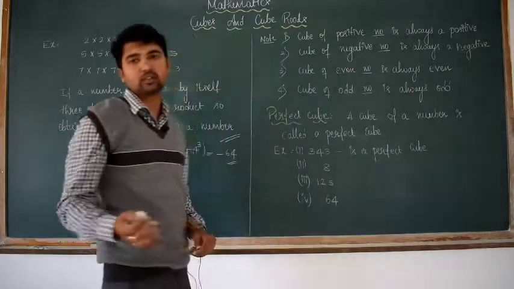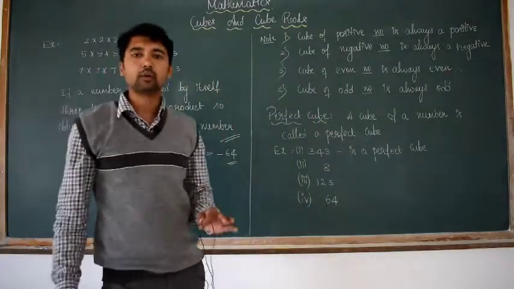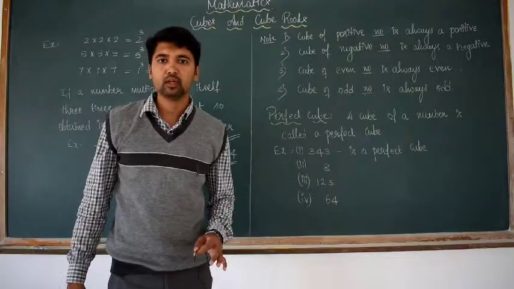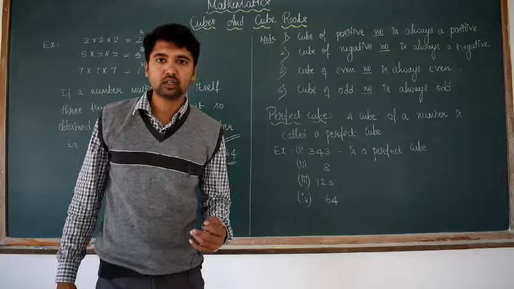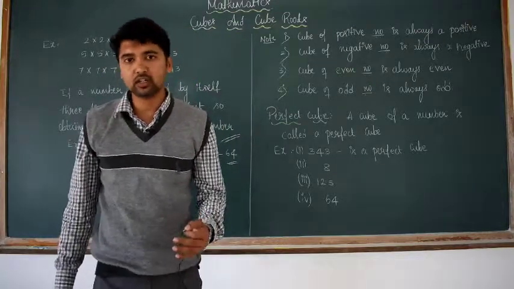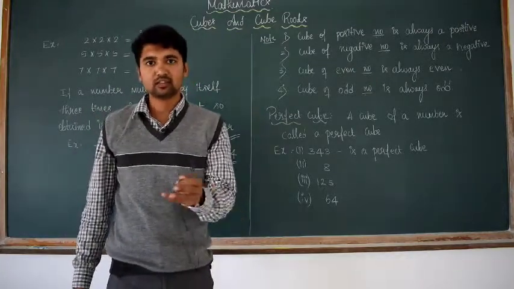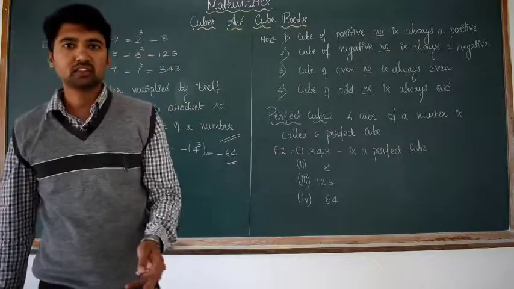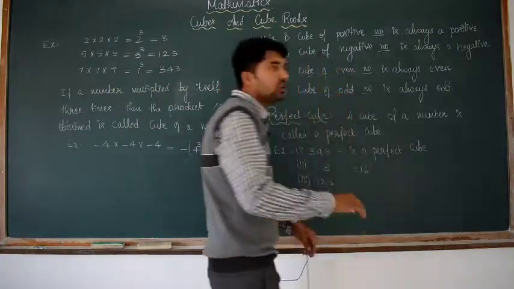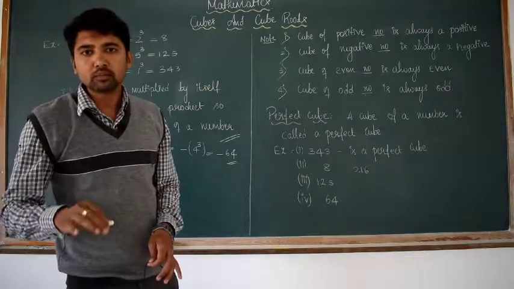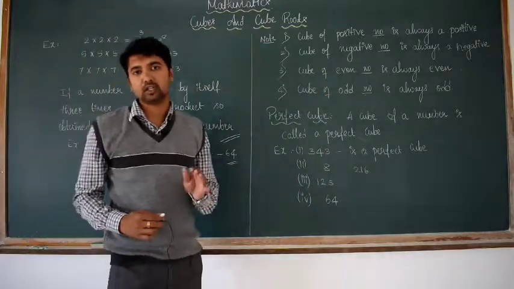These are all the numbers called perfect cubes. If you multiply 6 three times, you may get 216. 6 6s are 36, 36 6s are 216. You can mention that also, 216. These are all the numbers called perfect cubes.